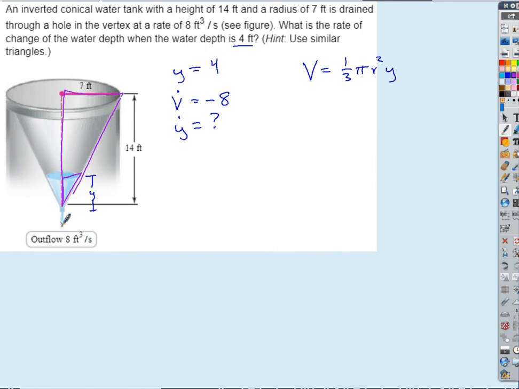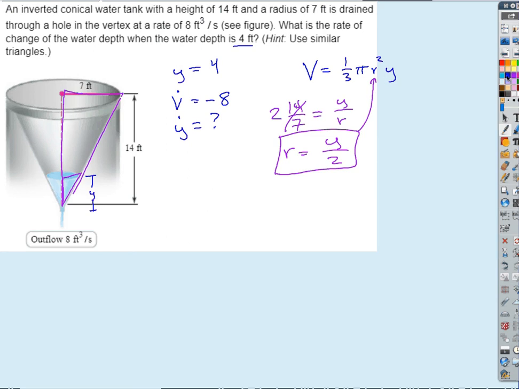So 14/7 must be the ratio of the depth of the water to the radius of the cone of water, so y over r is just equal to 2. In other words, r equals y over 2, right? We agree? Okay, so I could take that secondary equation and make a substitution.